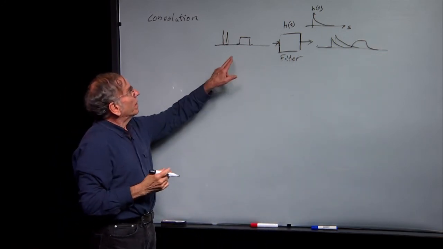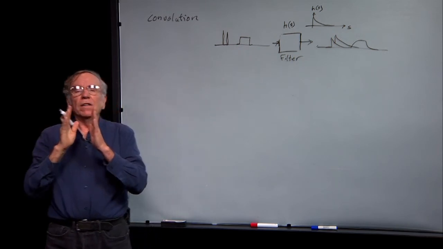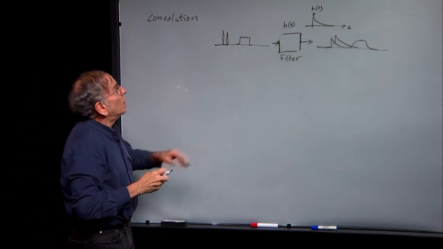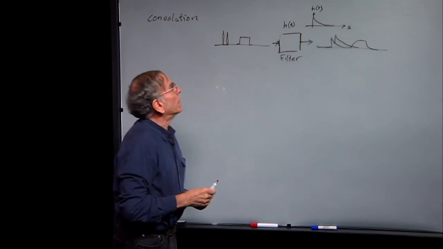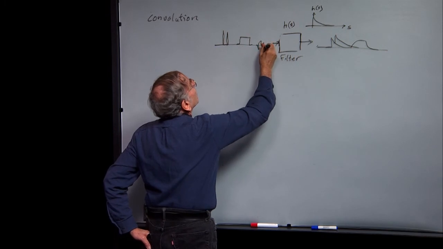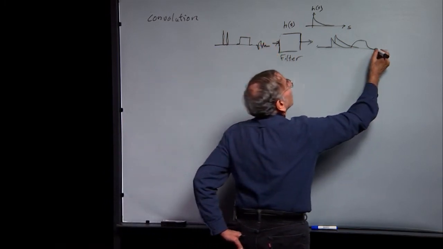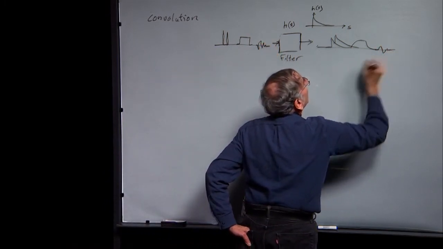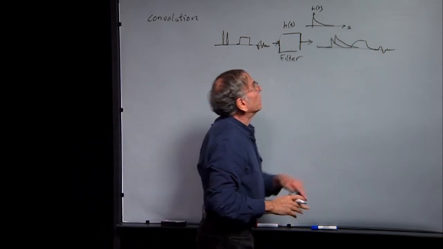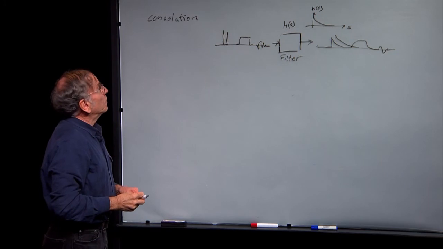And you can imagine how that would work, because if you model the rectangular pulse as closely spaced delta functions, it will build up and decay like that. And in general, you give me any sort of signal, and out will come a signal that is, in this case, kind of smoothed off.